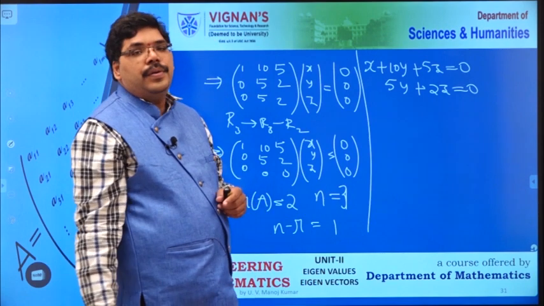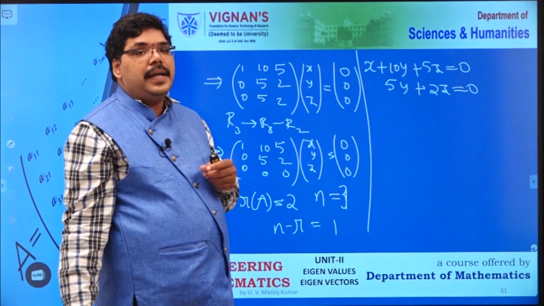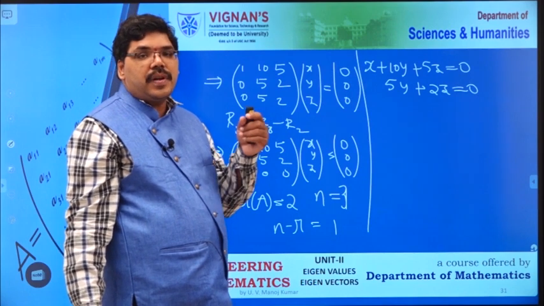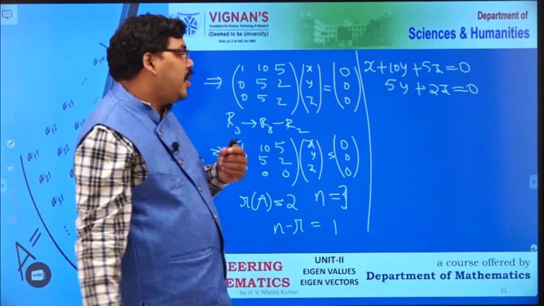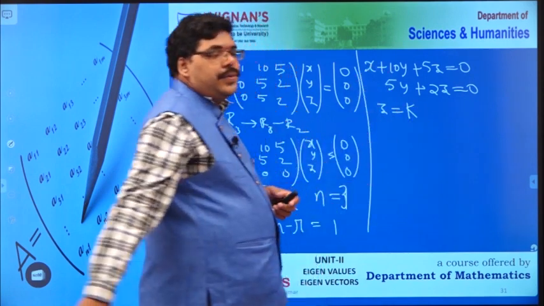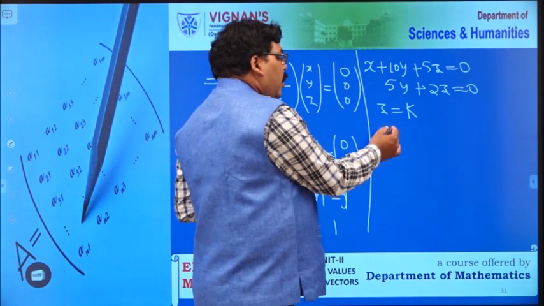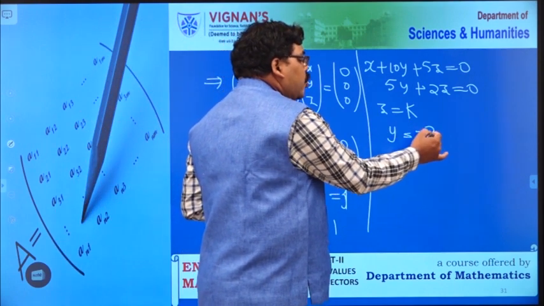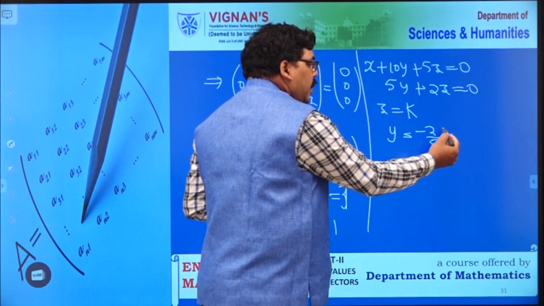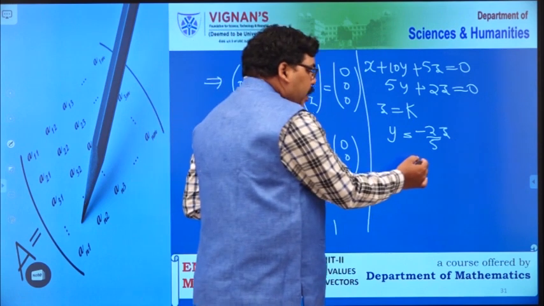So there are two equations, solve them. We have an option to choose one of the variables arbitrarily. So I will choose z equals k. When I choose z equals k, from the second equation you can write y equals minus 2 by 5 z. So y becomes minus 2 by 5 k.